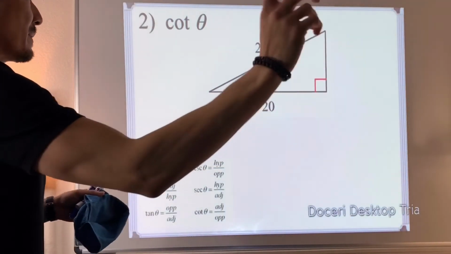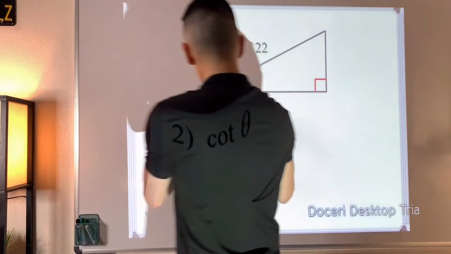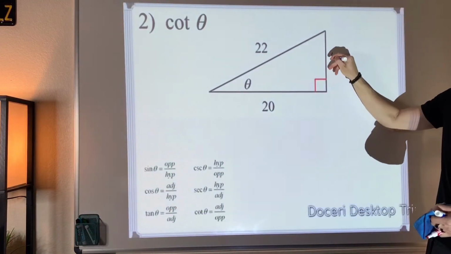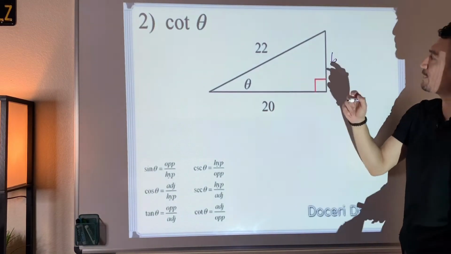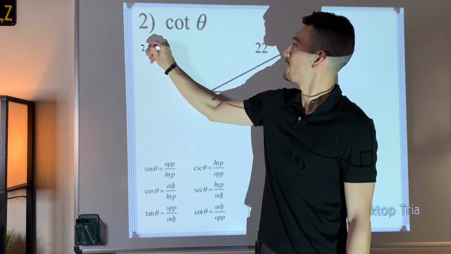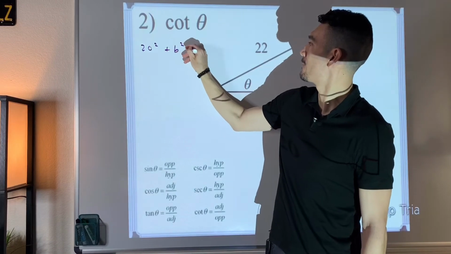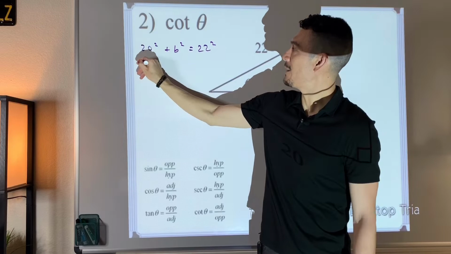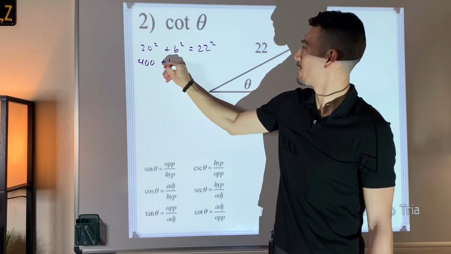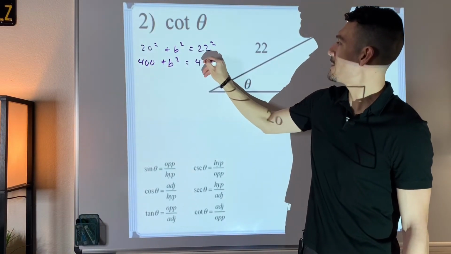So we have to use Pythagorean theorem to find the missing piece. You can call this B if you want. Okay, so let's do some scratch work. 20 squared plus B squared equals 22 squared. 400. 22 squared is 484.